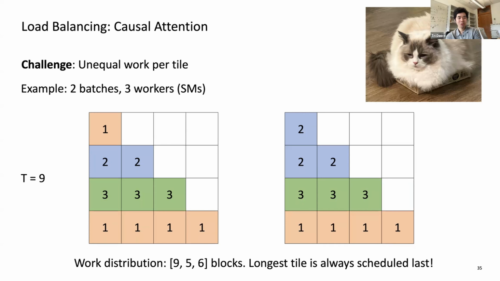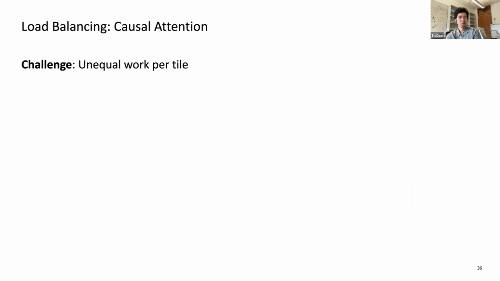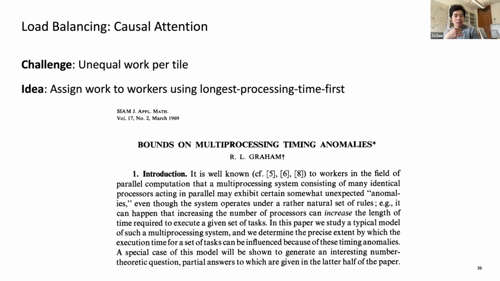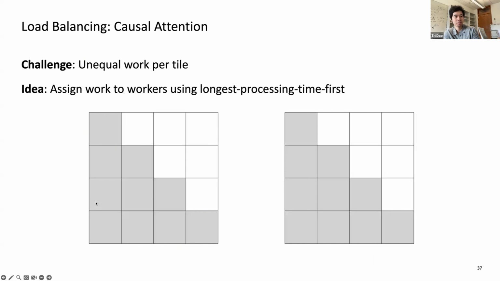So how do we do better? Now that we understand the problem, which is that the longest tile gets scheduled last, the idea is we can schedule the longest tile first. It's not revolutionary. Back in 1969, people were already analyzing this kind of algorithm, so it's not a new idea. Let's see how that works.